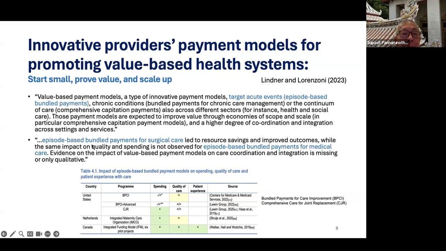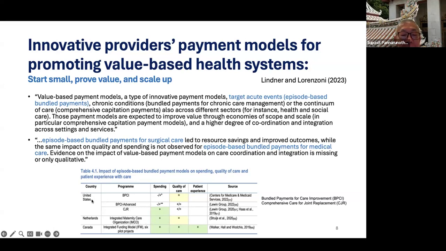They come to the conclusion that episode-based bundle payment for surgical care has rather more solid evidence than episode-based bundle payment for medical care, such as cancer or DM, diabetes, like this.